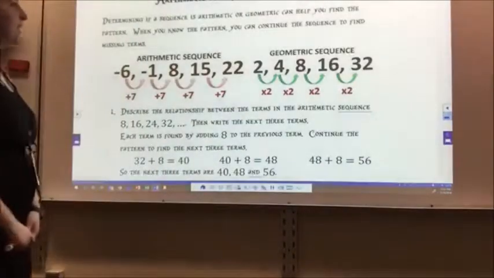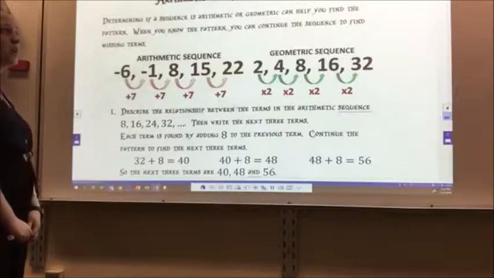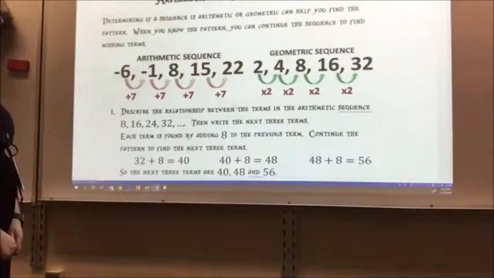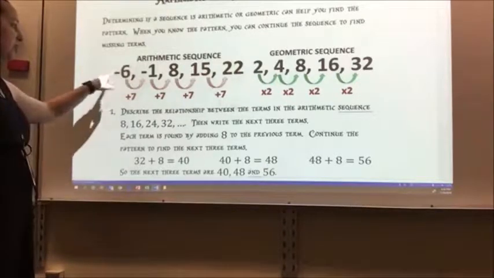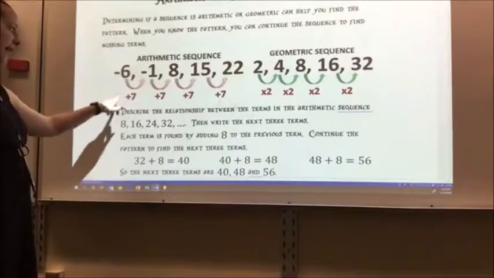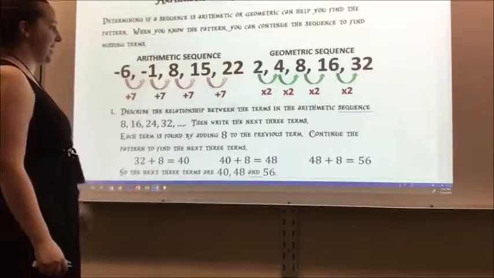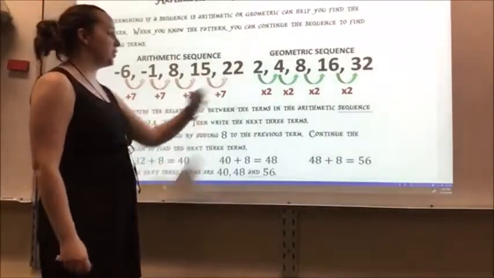All right, arithmetic and geometric sequences. Determining if a sequence is arithmetic or geometric can help you find the pattern. When you know the pattern, you continue the sequence to find missing terms. So in an arithmetic sequence, I can start with -6 to -1, I added 7. -1 to 8, I added 7. 8 to 15, I added 7. 15 to 22, I added 7.